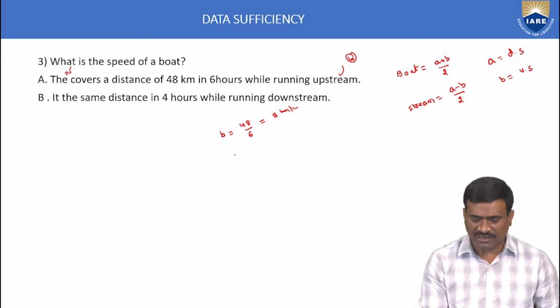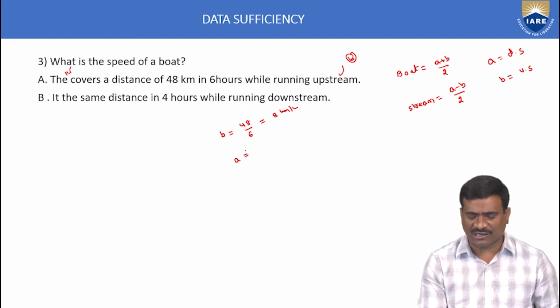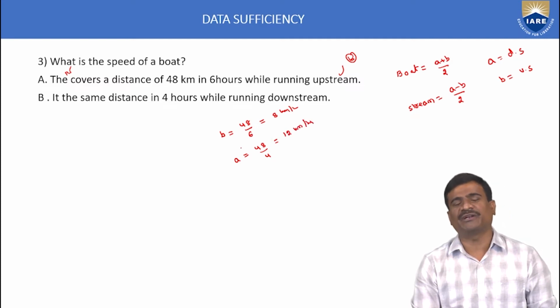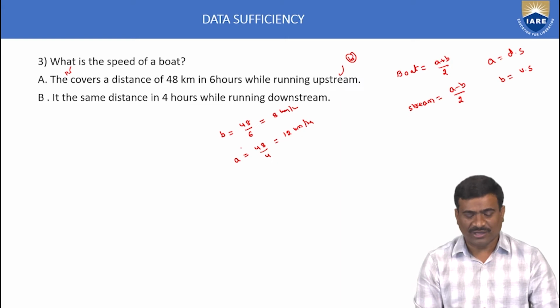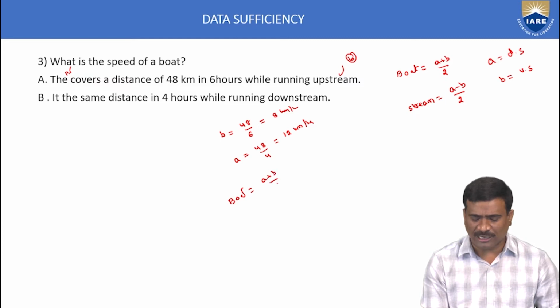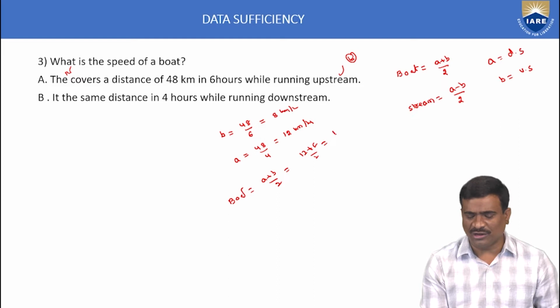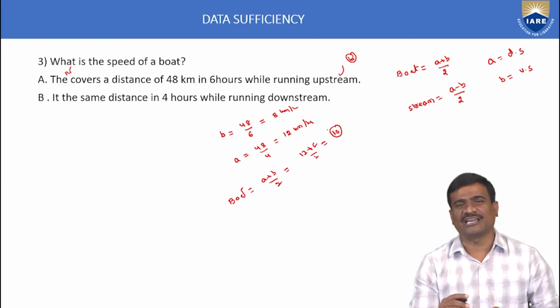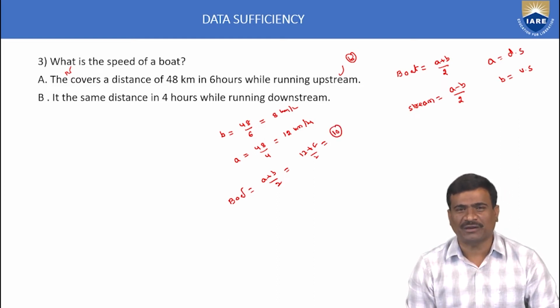Similarly, the speed of downstream is the same distance 48 by time 4. Then the speed of downstream is 12 km per hour. Then calculate the speed of the boat. The speed of a boat is (A plus B) by 2, that is (12 plus 8) by 2, which is 20 by 2, equal to 10 km per hour.